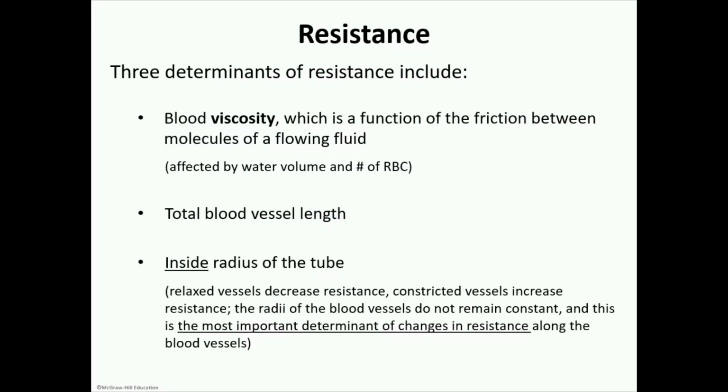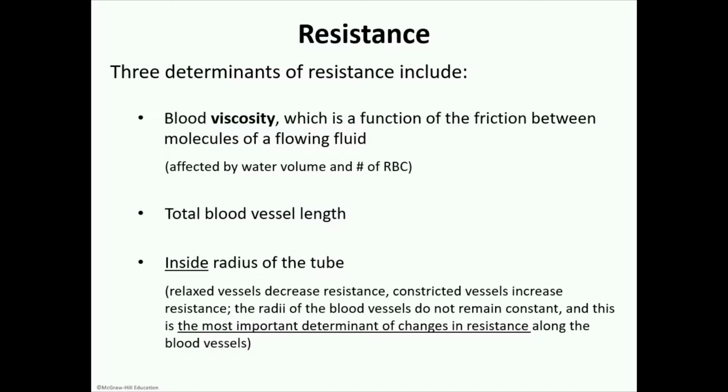Now, resistance, which is an important factor determining blood flow to an organ, is determined by 3 different things. Okay, the most important would be the radius of the tube, the inside radius of the tube. So how big or small is the radius of that blood vessel?